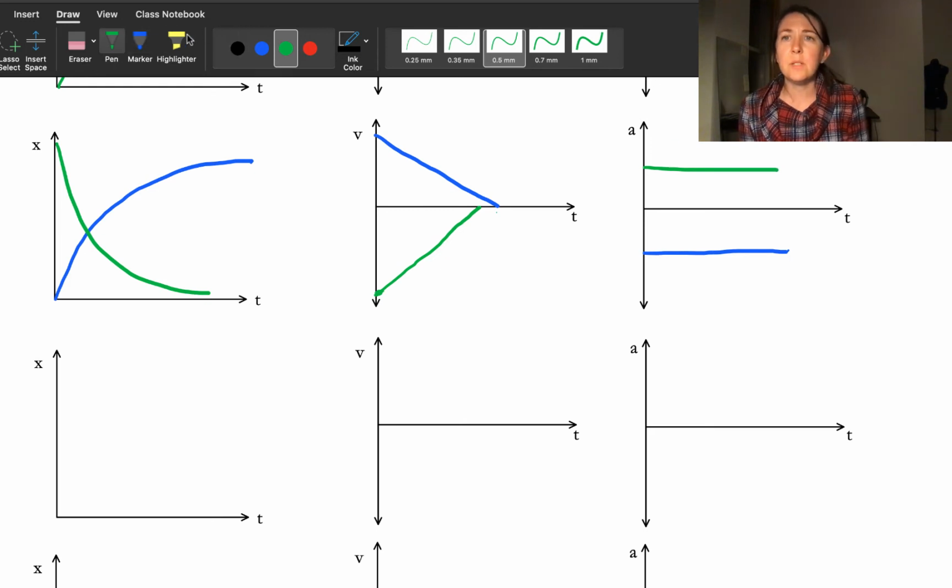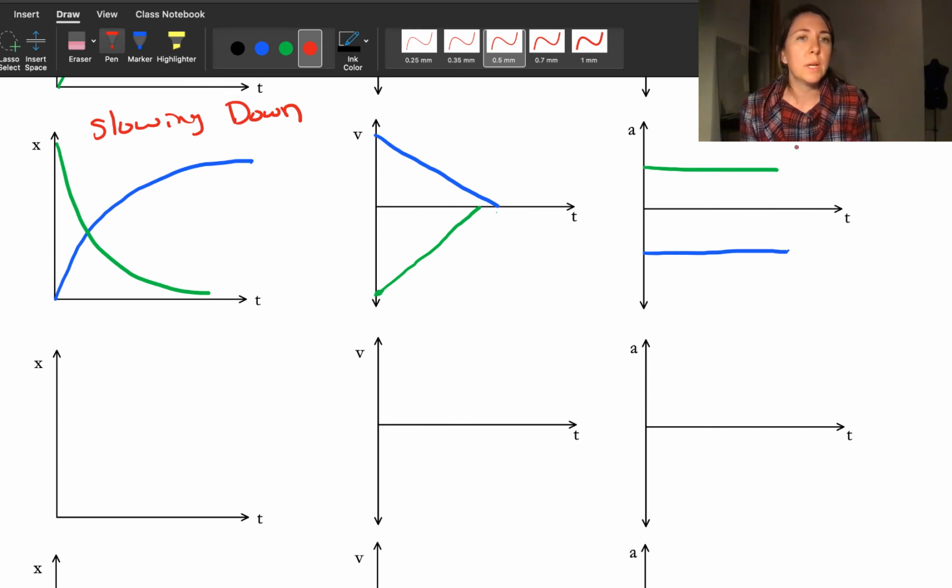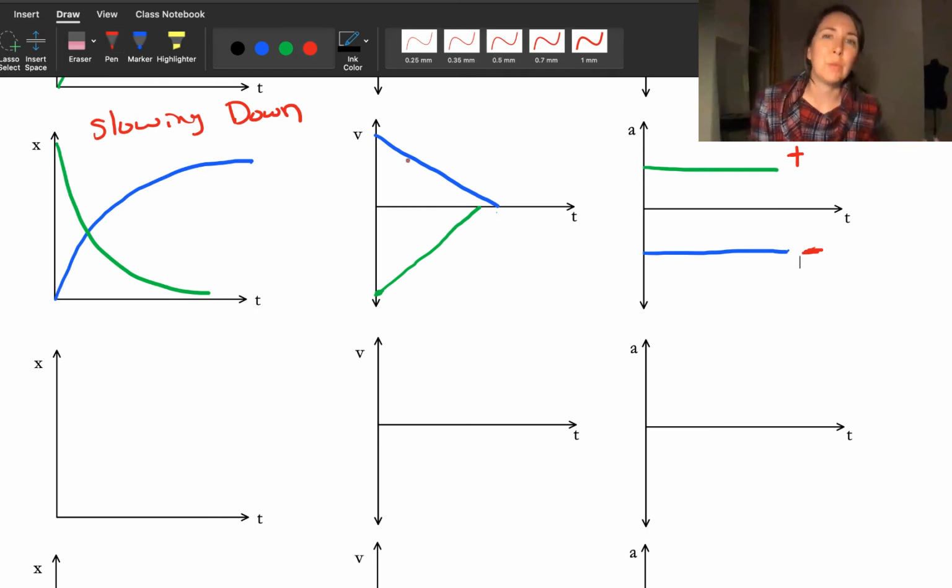Now both of these graphs are for objects that are slowing down. It's sort of weird that even though both of these graphs show an object that's slowing down, one has a positive acceleration and one has a negative acceleration. And so slowing down does not necessarily mean negative acceleration. It just means that your velocity is decreasing. And so you can decrease to 0 here or decrease to 0 here.